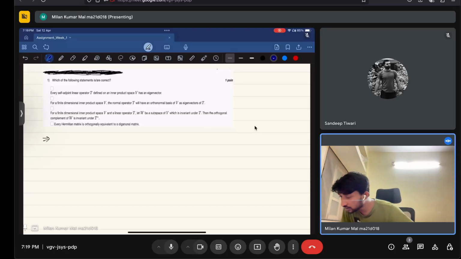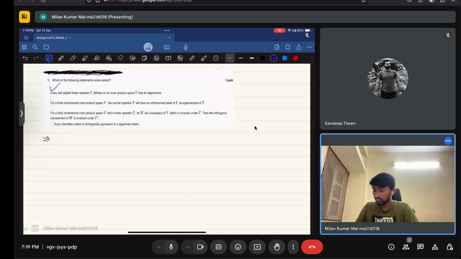This is correct, but why is it said this is not correct? If I take a self-adjoint linear operator defined on an inner product space V, that must have an eigenvector, if I only take non-zero, but I think that is correct.